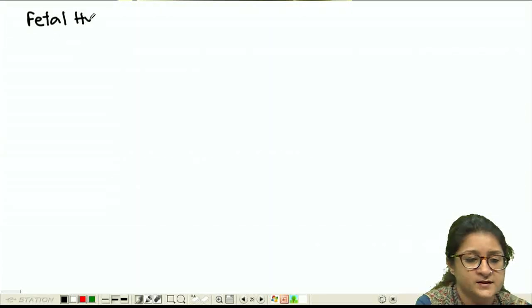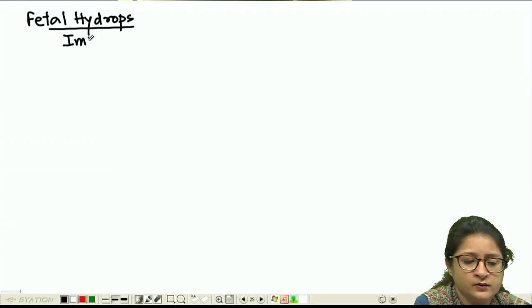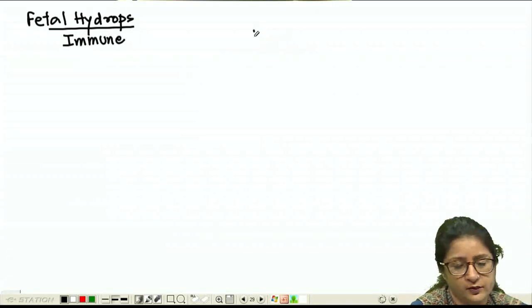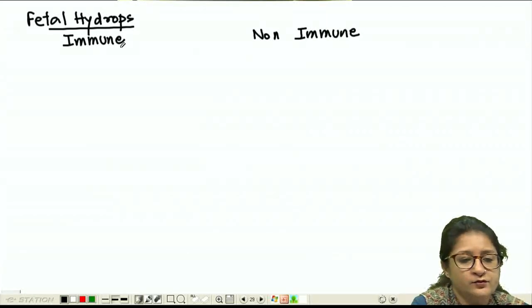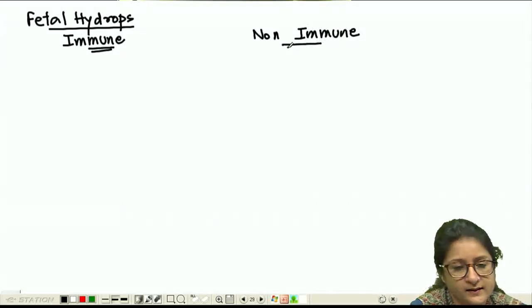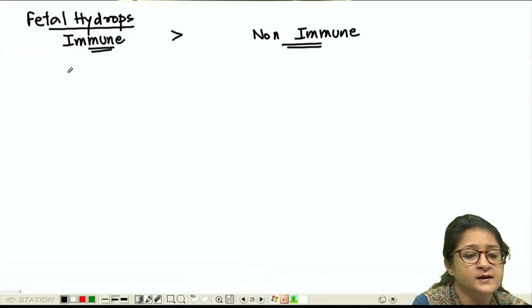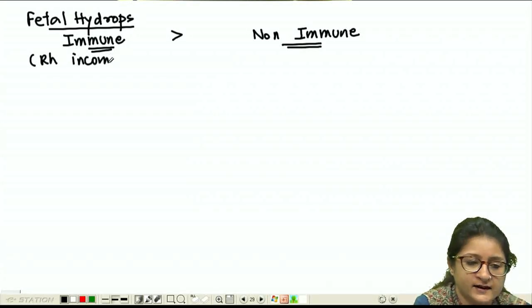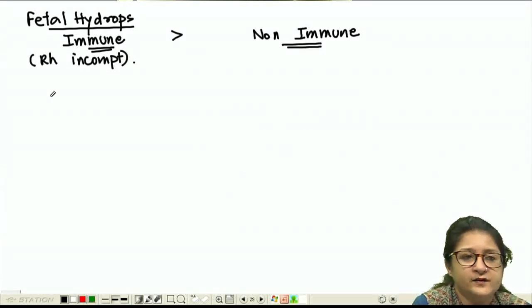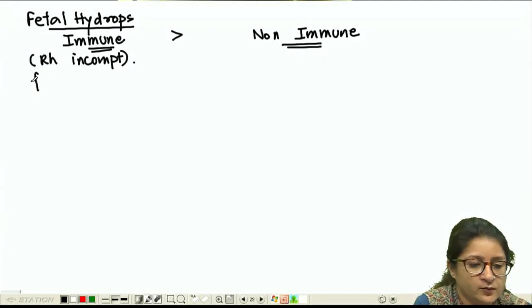Fetal hydrops importantly can be immune or non-immune, right? Now we know that the immune fetal hydrops is commoner than the non-immune type. When we talk about immune, we understand it has to do with Rh incompatibility between the mother and the fetus, which leads to fetal hemolysis and fetal anemia.